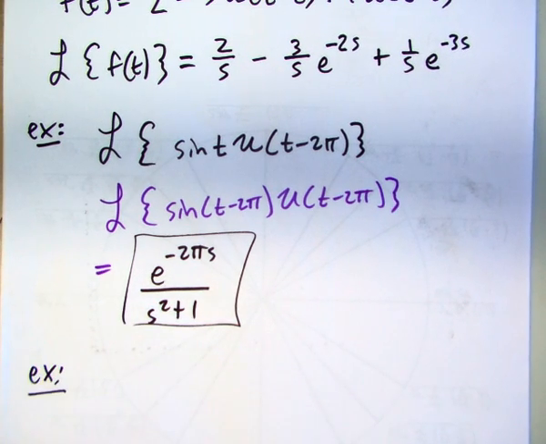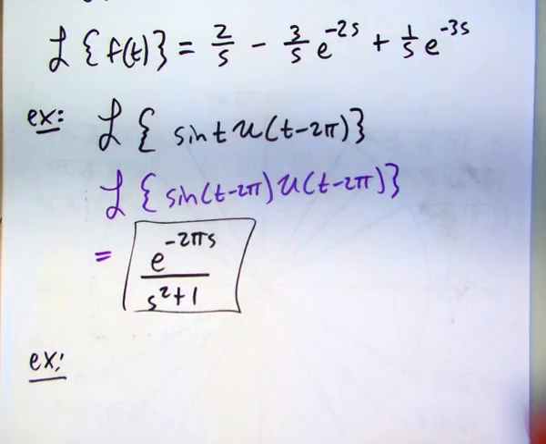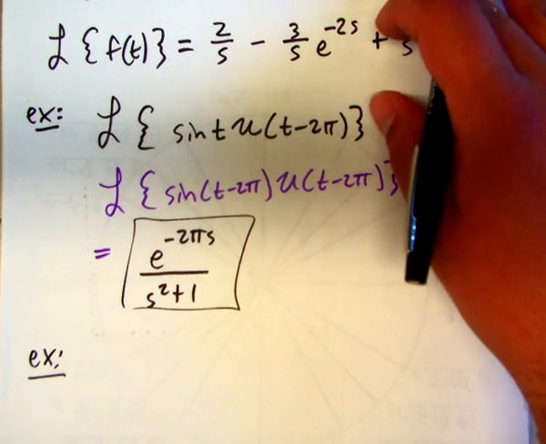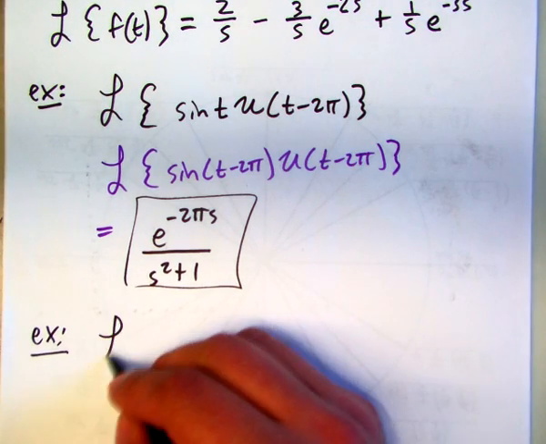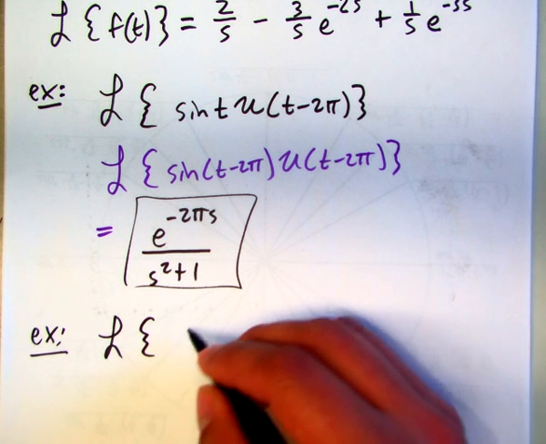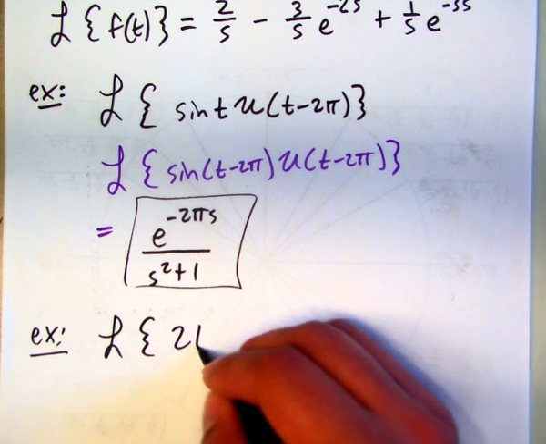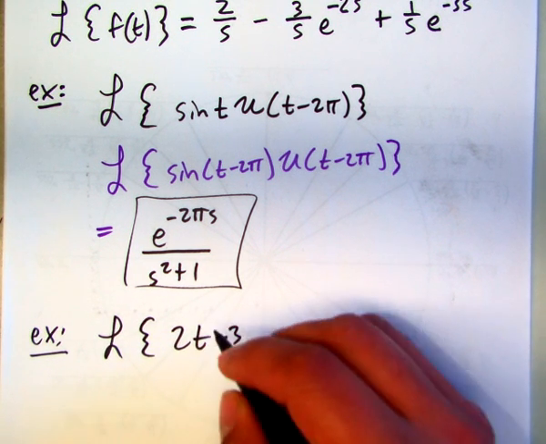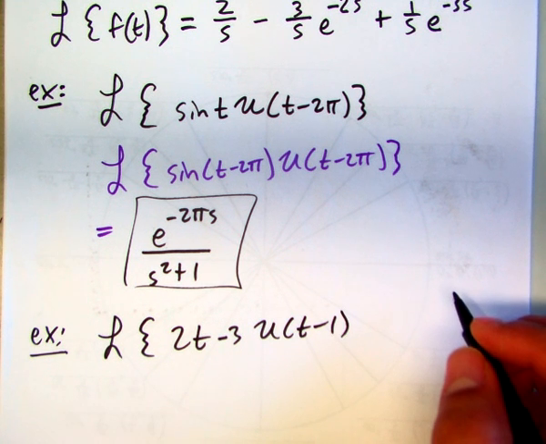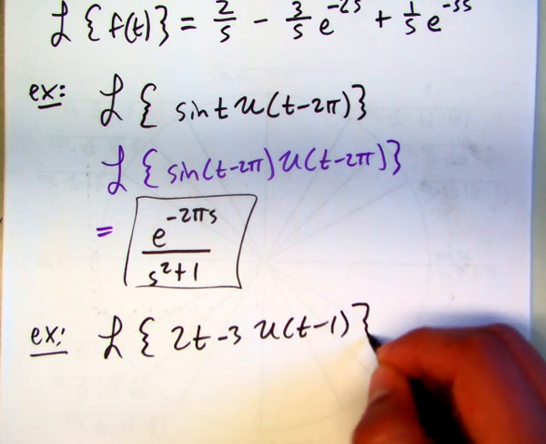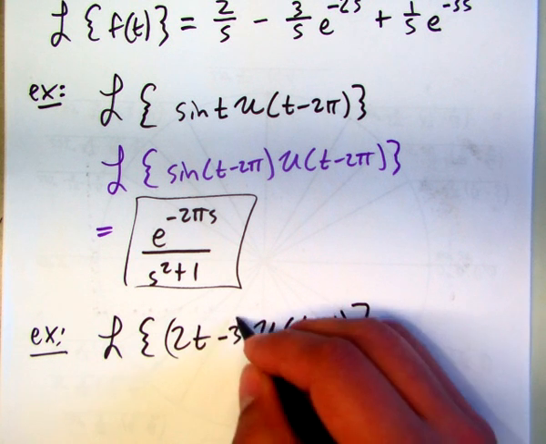Last one, and then we'll finish the last part of the section. I think you guys are starting to pick up on this. But let's say we have 2t minus 3 times u of t minus 1.